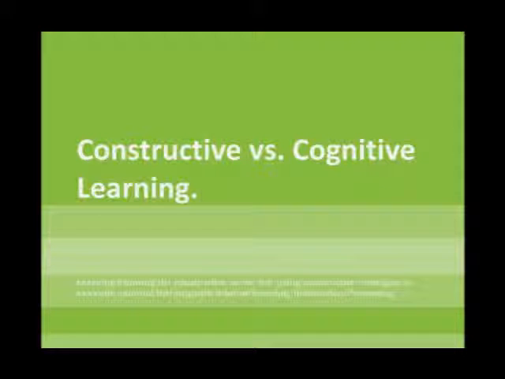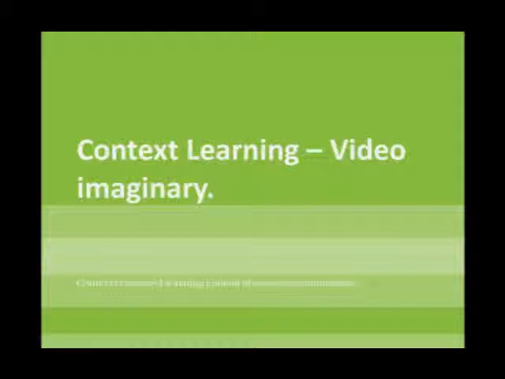Here I want you to keep in mind that constructive learning is better than cognitive learning, which makes the student memorize word by word, but constructive learning uses something called context learning, that is context connected learning instead of concept memorization.